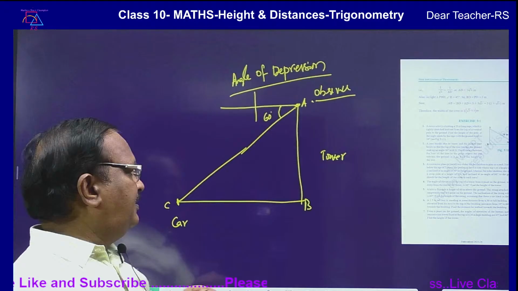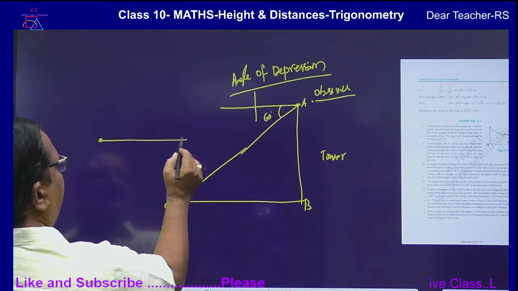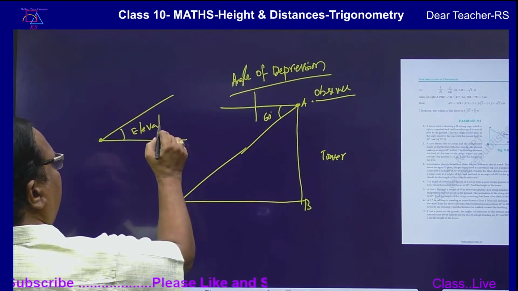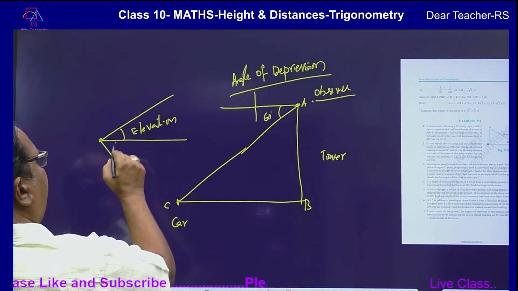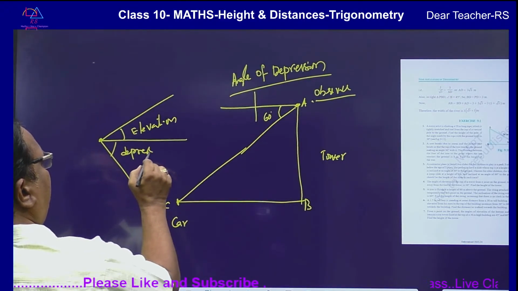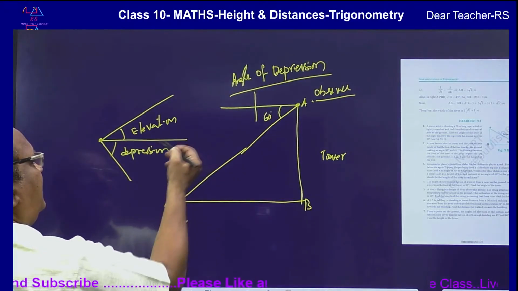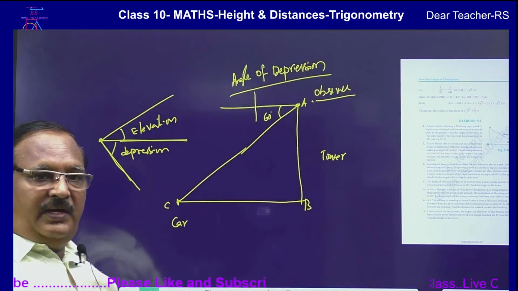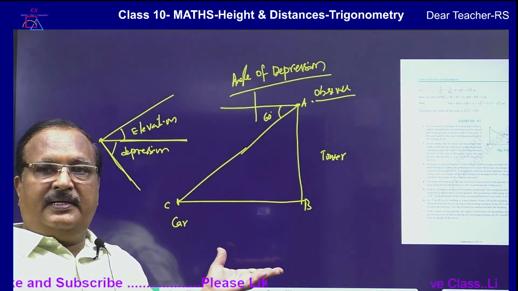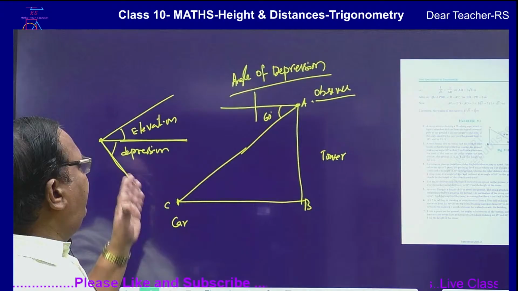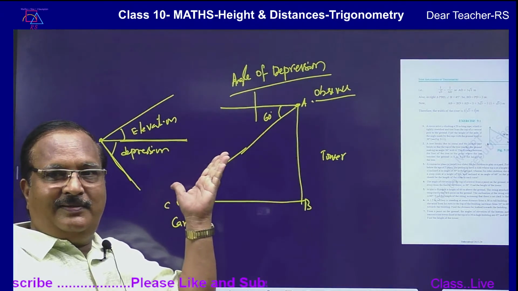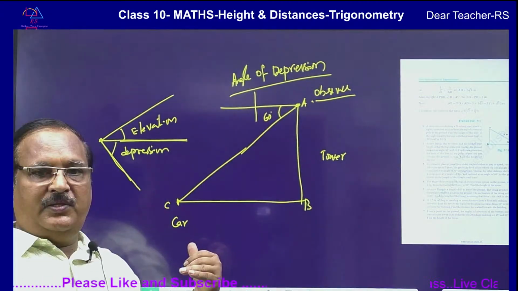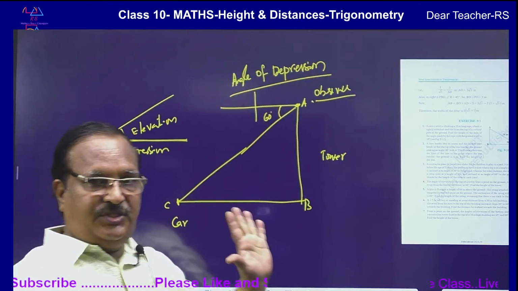So suppose observer is here, this is the horizontal. This angle we call elevation and this we call depression. The angle between the horizontal and the line of observation we call elevation or depression. So elevations will be above the horizontal, depressions will be below the horizontal.